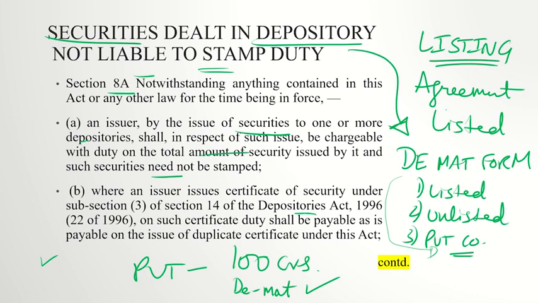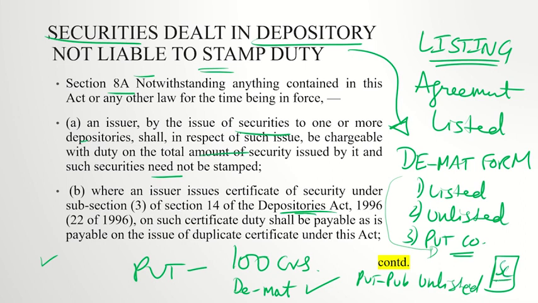Please understand, if your securities, shares, scrips, bonds, debentures are in demat form under the Depositories Act, then we don't have to pay stamp duty. But if you have a private company or a public unlisted company, we have to make sure that we pay the stamp duty for the share certificate.